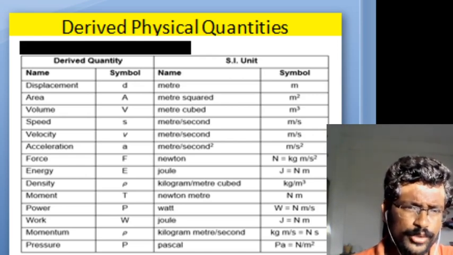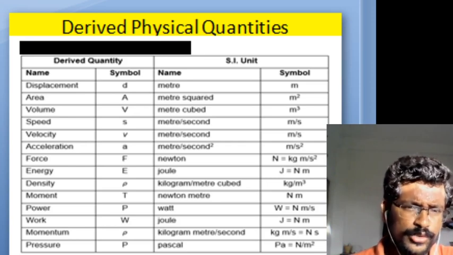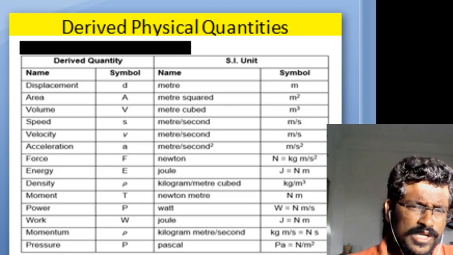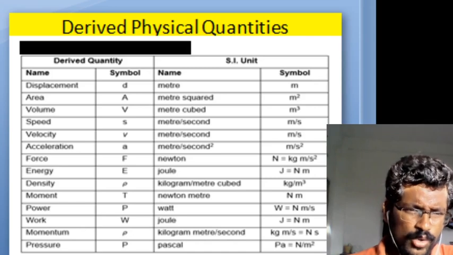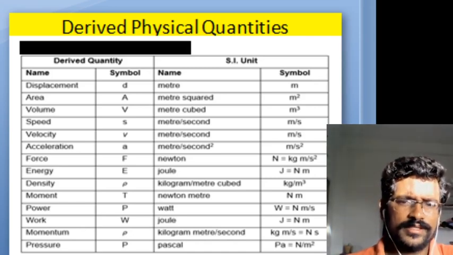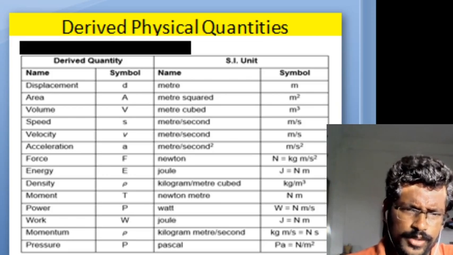Okay, now we are going to discuss about density. Density is the unit mass per volume, m by v. It is denoted by rho. The SI units of the density is kg per meter cube.